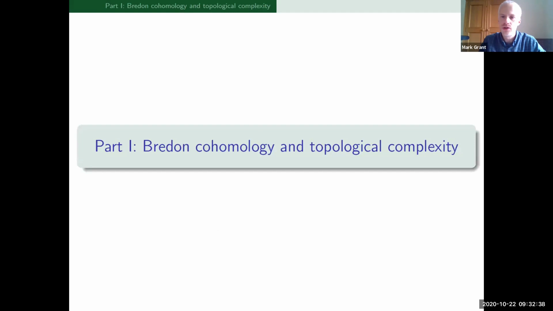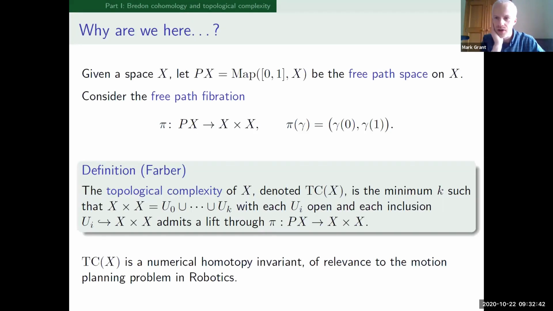So part 1, Bredon cohomology and TC. Here's the obligatory slide, as John called it. Why are we all here? I'm going to assume that everyone here knows this definition already, so not make too much fuss about it. Topological complexity is a numerical homotopy invariant defined by Michael Farber as a topological approach to the motion planning problem in robotics.